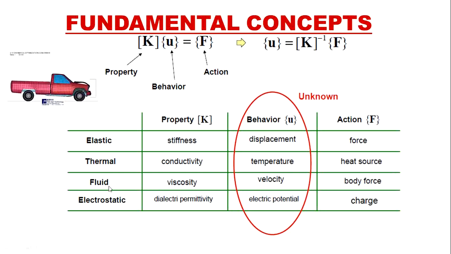In fluid problems, the property matrix K would be related to viscosity, the behavior to velocity, and the action to the body force. The same goes for electrostatic. As far as our syllabus is concerned, just remember this first row.